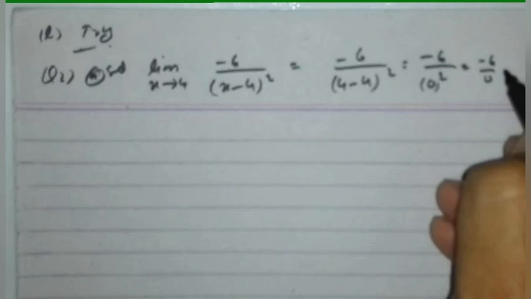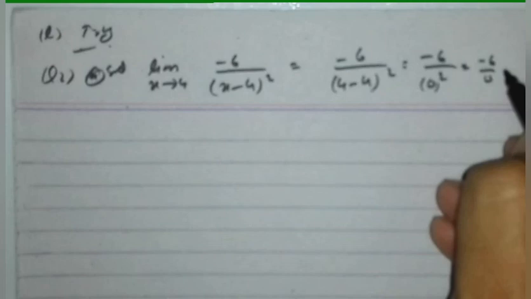This x cancels with this. So we get limit x tends to 0, minus 1 over 3 into (x plus 3). Now put the limit value here. We get 3 into (0 plus 3), minus 1 over 3 into 3, minus 1 over 9 is the answer.